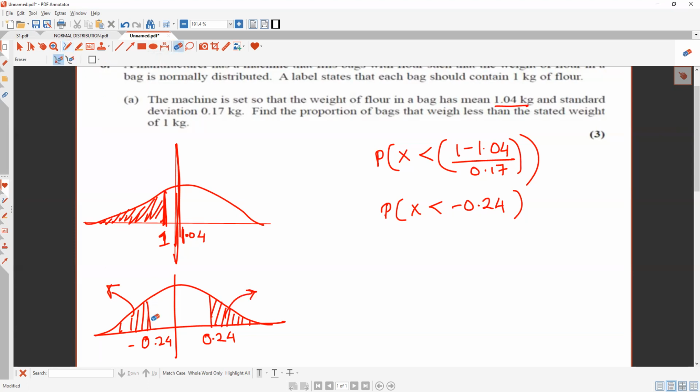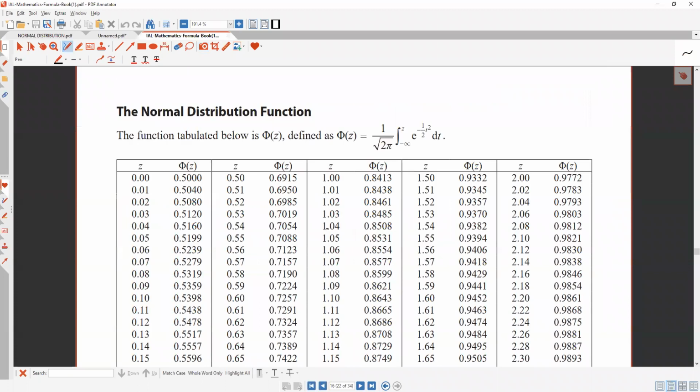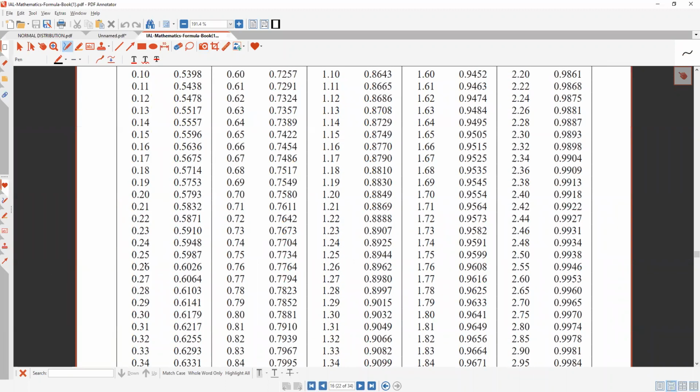So what I can do is ignore the left-hand side for the time being. We can find the probability of less than 0.24 first, because that is easily available in our table. Let me open the table here itself. In the table you guys have right now, how much is less than 0.24? Okay, so here is the table. We are looking for less than 0.24.